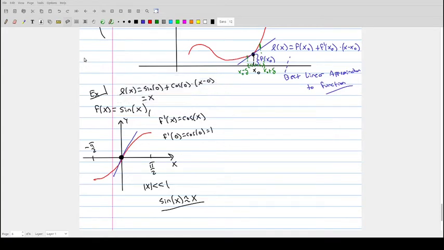We'll do that right here. I'll label this one a differentiable example. Our function that's not differentiable, we'll look at f of x equals the absolute value of x.